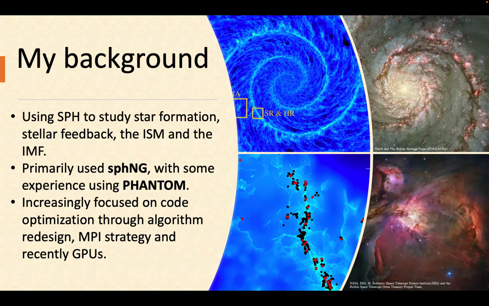They just arrived. It was the right time, and I've kind of got stuck there. I've just become too reliant on the things I know. Over all this time, I've become increasingly focused on code development and optimizing SPH-NG and the MPI within SPH-NG. And most recently, I've been getting interested in GPUs.